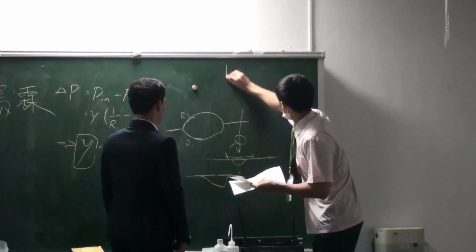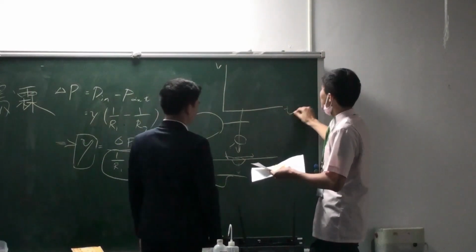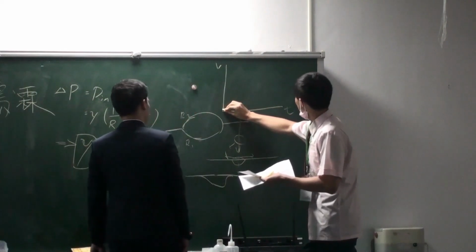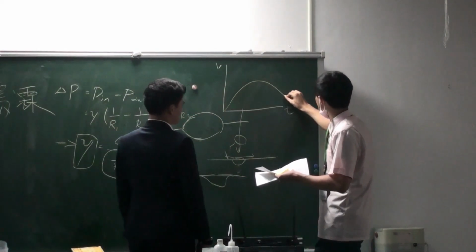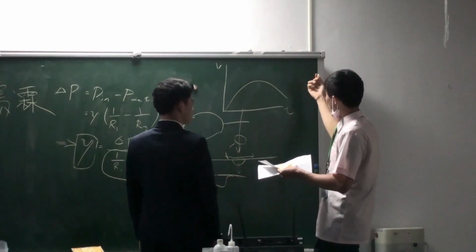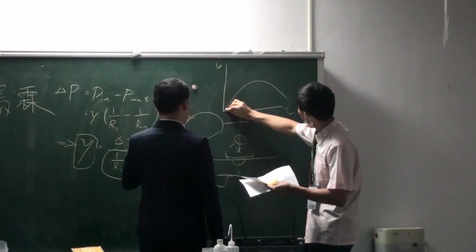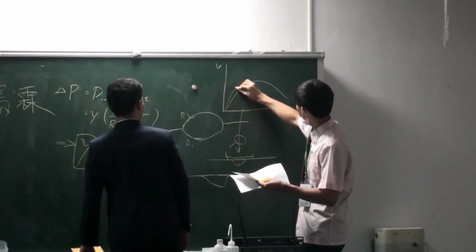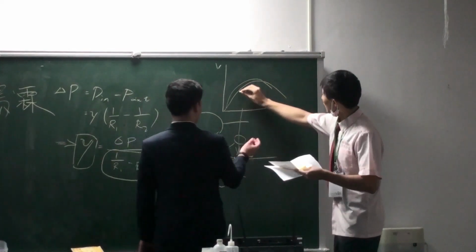If I draw a chart here of spreading velocity against time, and I drop the droplet from 10 centimeters, it will probably look like this. And if I drop from 100 centimeters, wouldn't it have more energy and a greater impulse? But it still reaches this part.